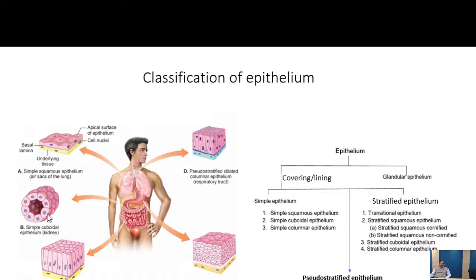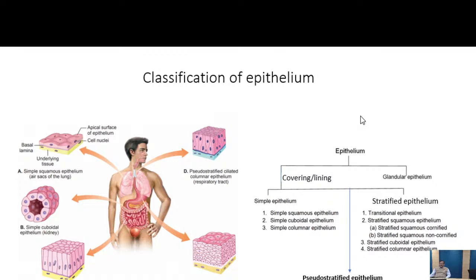It is present in the kidneys in the form of the tubules. It is present within the esophagus. It is present as a lining of the gut. It is also present over the skin, from where the hair is growing. So the epithelial tissue is present all over. So how can we classify it?